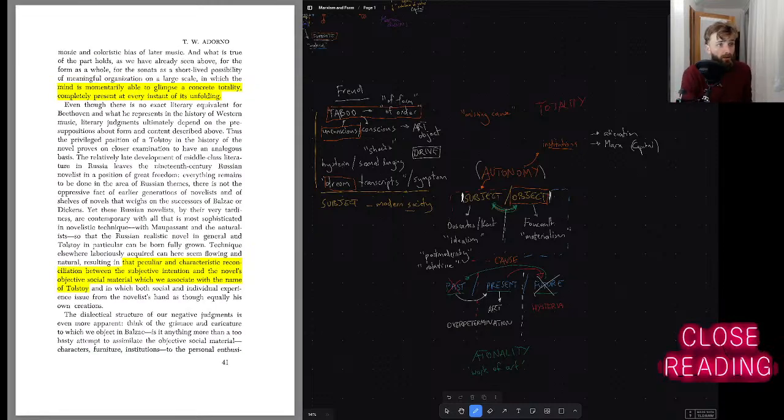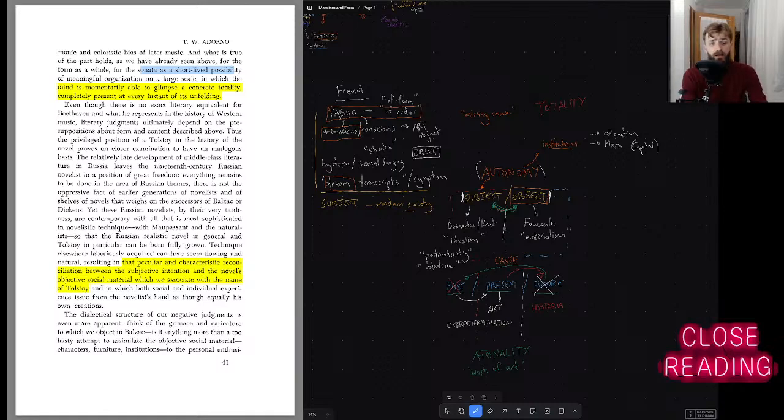So here on page 41, Jameson is talking about this synthesis of subject and object, this temporary synthesis of subject and object, which exists as a short-lived possibility in which the mind is momentarily able to glimpse a concrete totality, completely present at every instant of its unfolding.